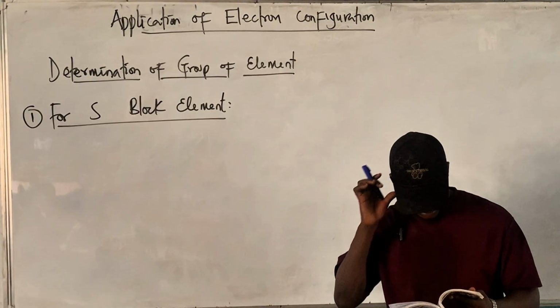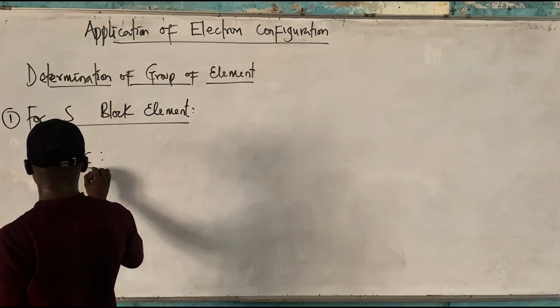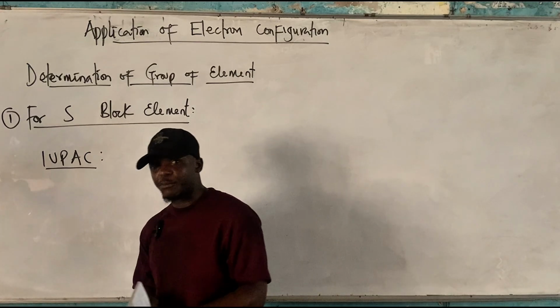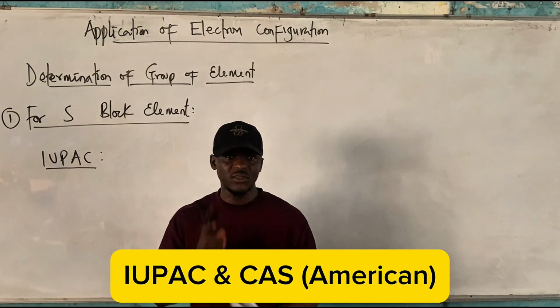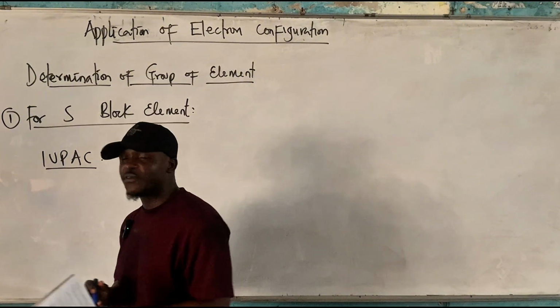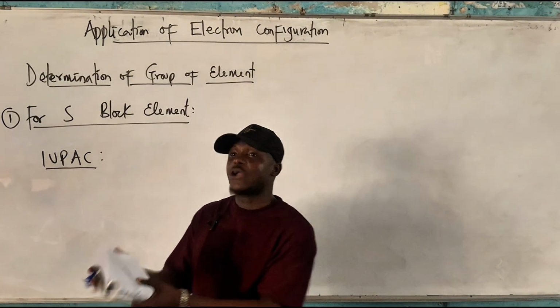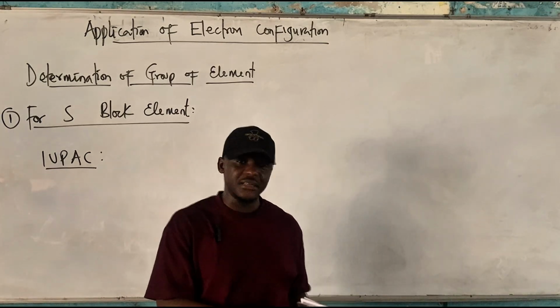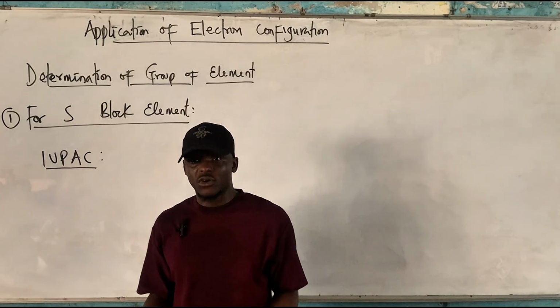So do not forget that we have 2 ways of numbering elements in the periodic table. We have the IUPAC way of numbering, and we have the CAS, which I taught us. If you're asked for the group, most of the time they can specify, give us in IUPAC or give us in American. But if they don't specify, whichever one you give, they will still mark you correct.